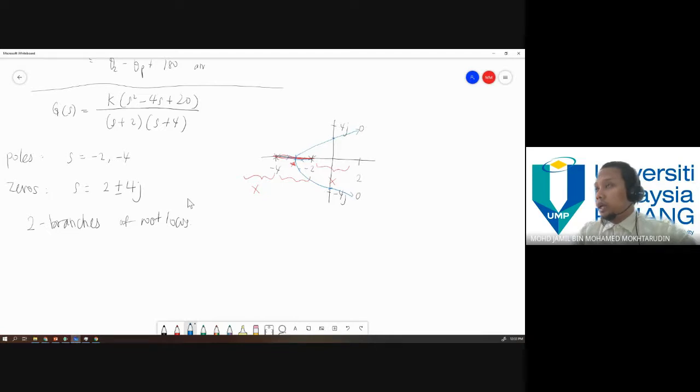Most of the time, asymptotes will not exist for a system that has two poles and two zeros. So for this shape, we don't have to find the asymptote.